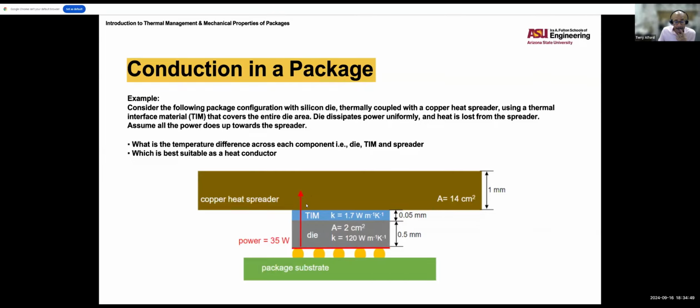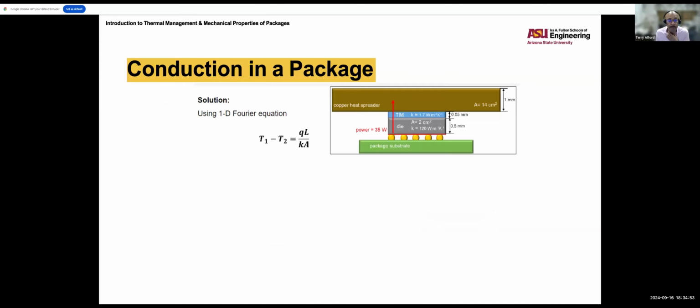So we want to get the heat to the copper heat spreader. Our assumption is valid because the TIM area is the same as the die, and the thickness is relatively thin. So we can now use our Fourier equation in 1D.